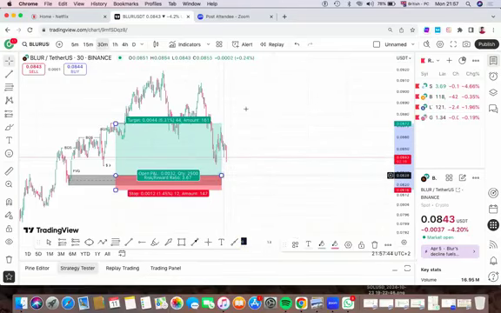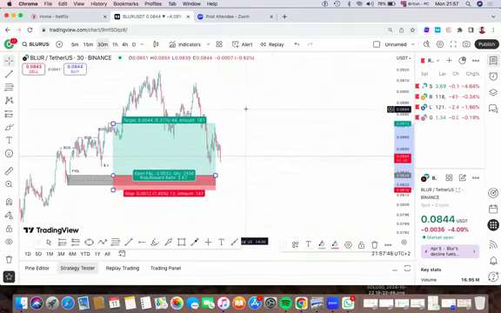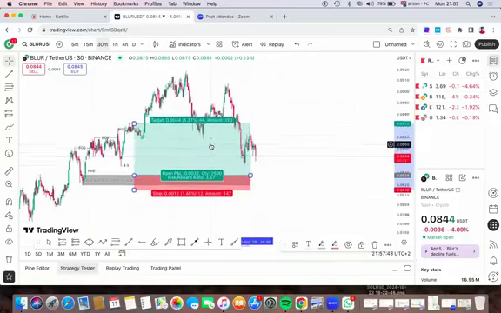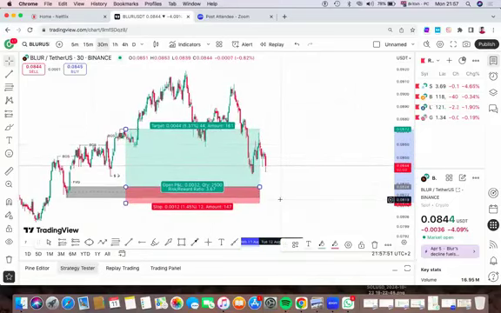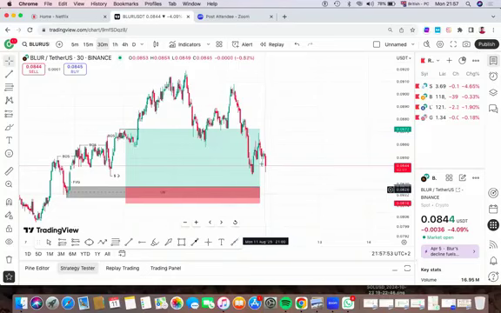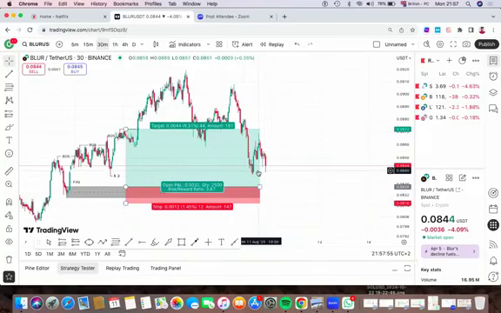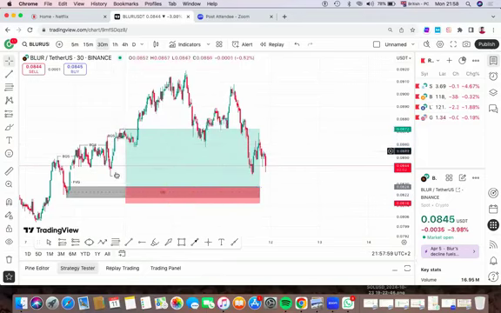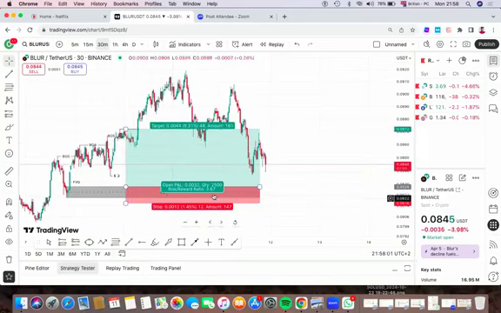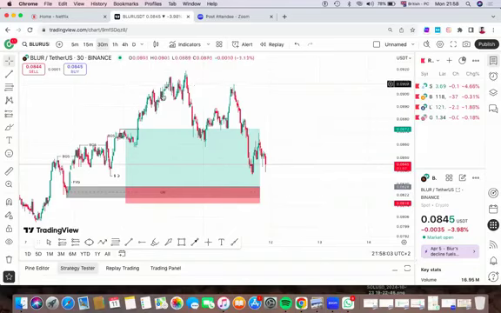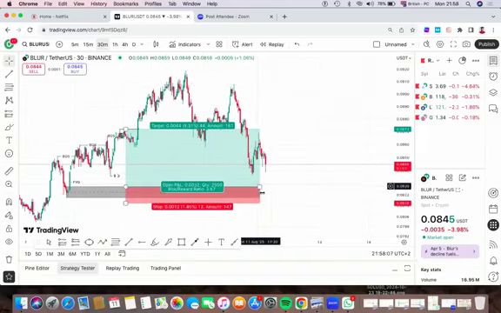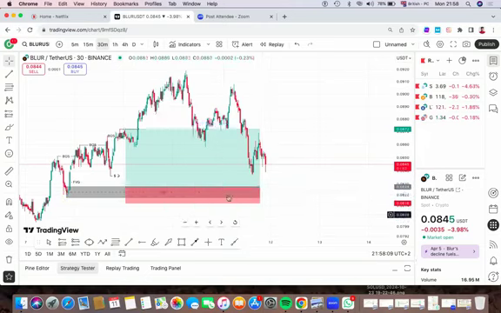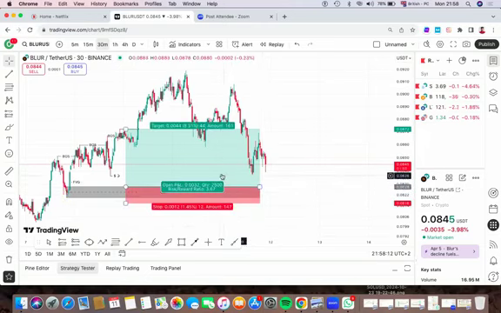This is an analysis that I dropped in the group. If you are in our channel where we drop analysis, you know we dropped this analysis the day before yesterday, and our entry was around here. In fact, you can see what we predicted the market would do. The market is currently moving towards our entry zone, and if you have a limit order on this zone, it will be very massive.